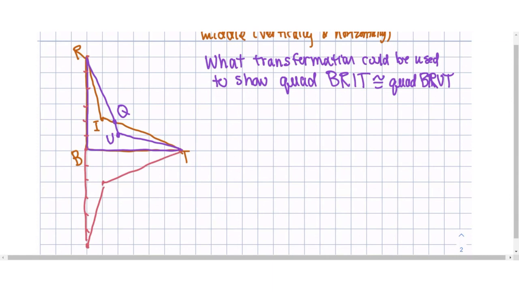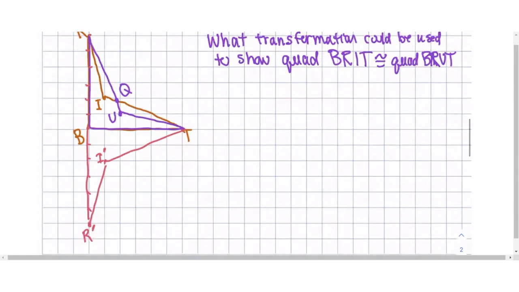And then you said 90 degrees counterclockwise. So that means all of these would go up. Yeah, that does work. Once you do a transformation to it, they call it prime. Then this would be I prime. The little dash thing is called prime. And then rotating it, you would rotate everything 90 degrees.